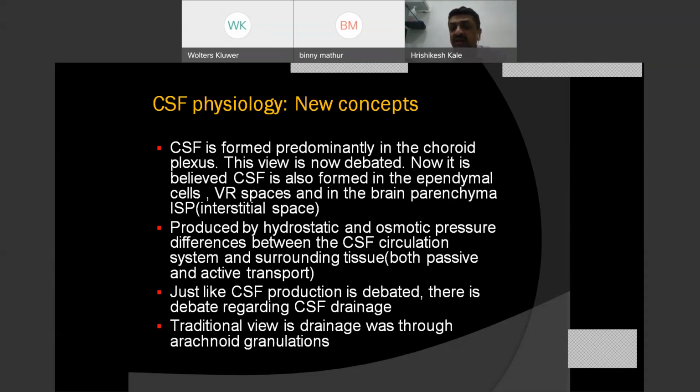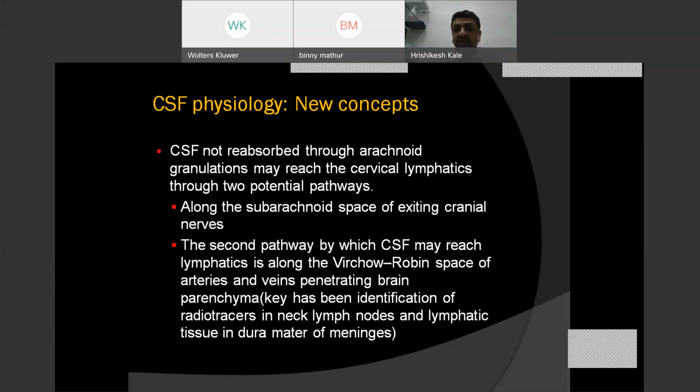Just like CSF production is debated, there's also debate regarding CSF drainage. The traditional view is that it just drains through the arachnoid granulations, but the new finding is the presence of lymphatic tissue within the dura mater.